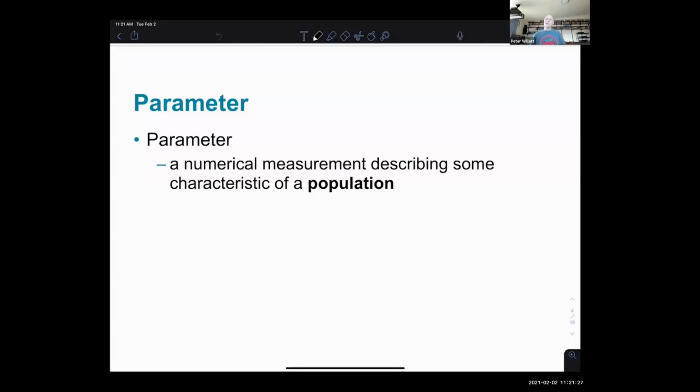A numerical measurement describing some characteristic of a population. In this case, how tall the students at DVC are is an example of a parameter. Can someone offer up their own example of some made up parameter, just using your imagination?